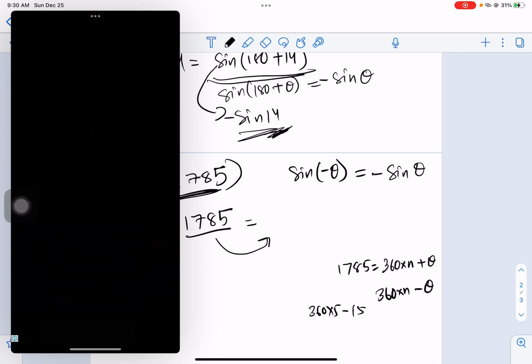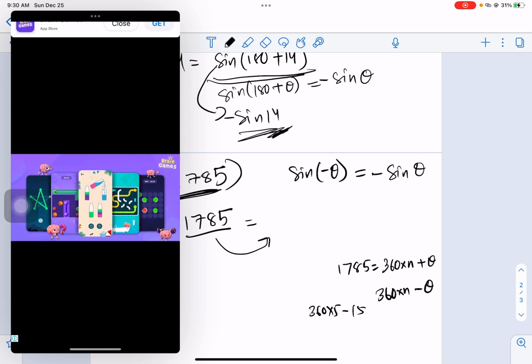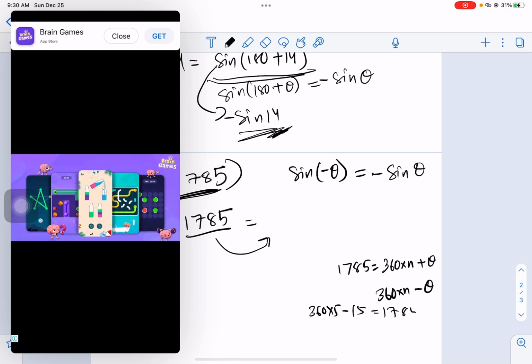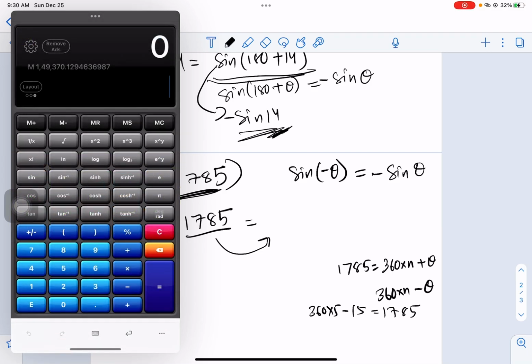So this is giving you 1785. Let me check once more: 360 times 5 minus 15 is 1785. Yes, correct, so this is a good option.